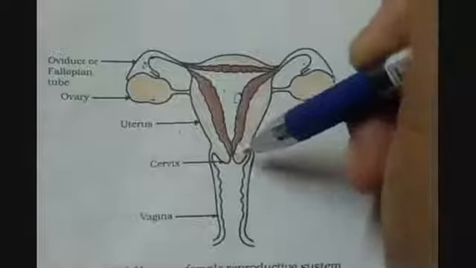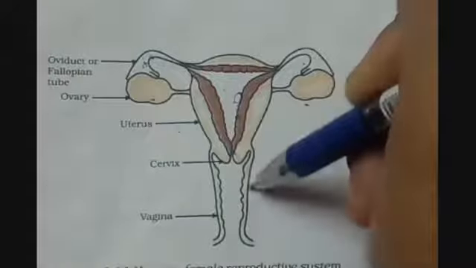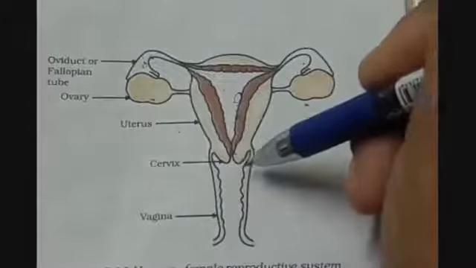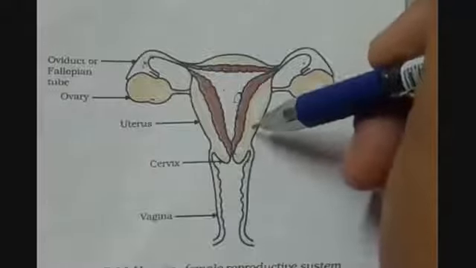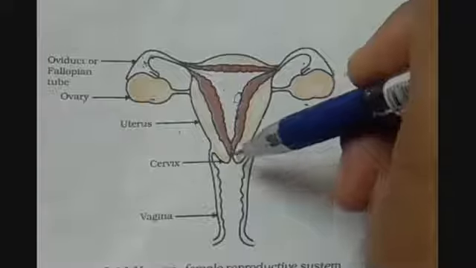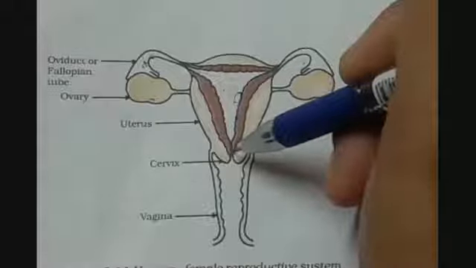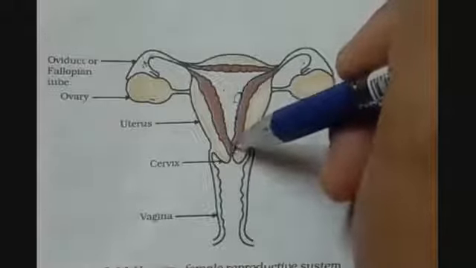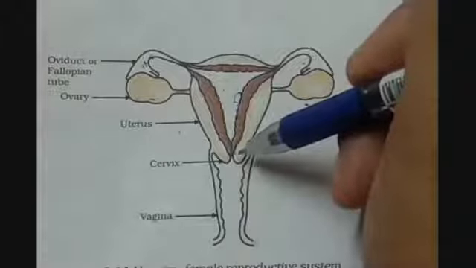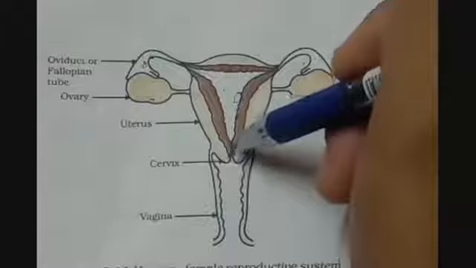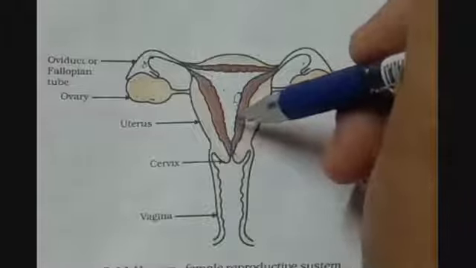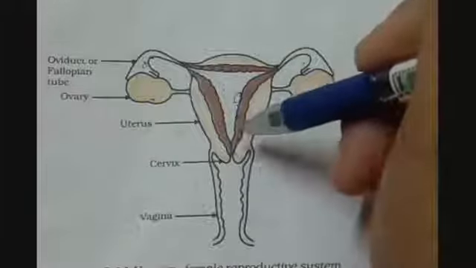Then cervix and vagina. Through the vagina, the injection of sperms into the female's body takes place, and the cervix plays the role of a narrow passage. So it provides competition to the sperms also, so that only competitive sperms can enter into the uterus or the further genital tract of the woman.